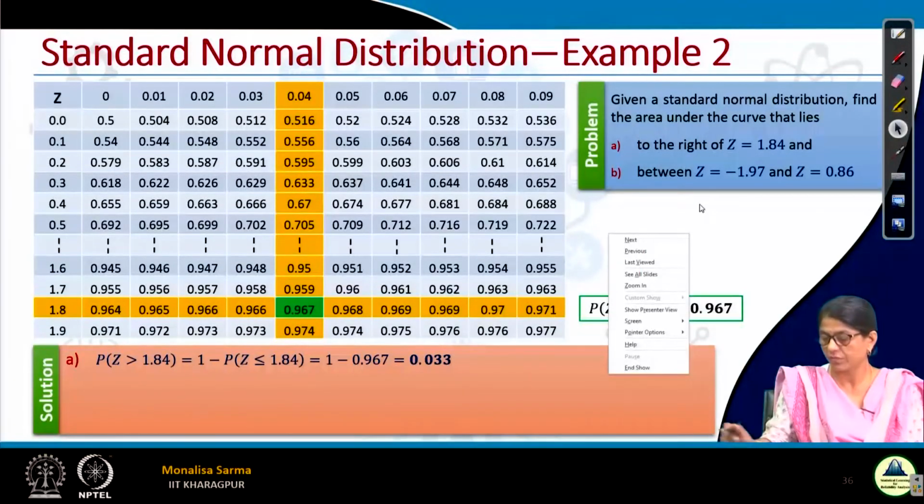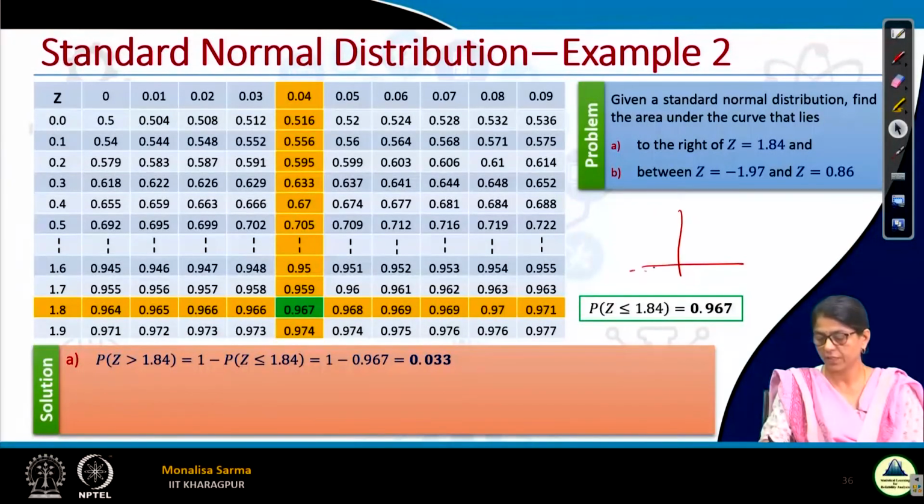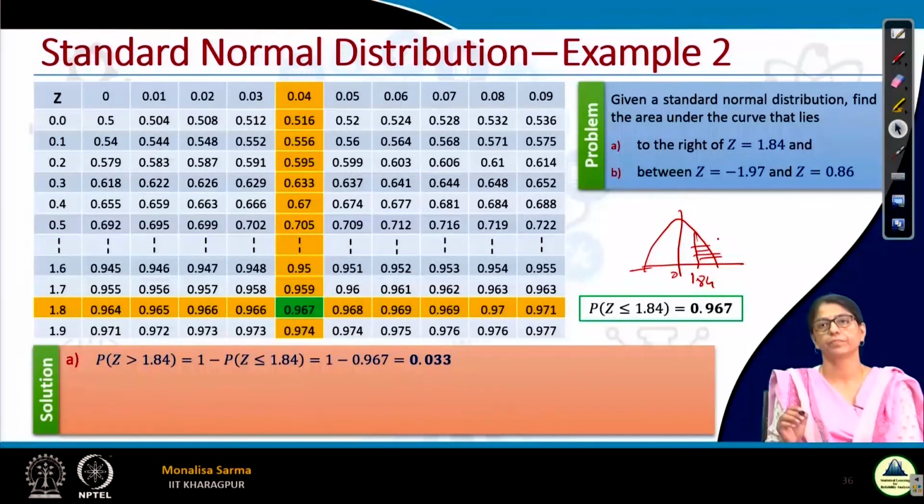Right of z equals 1.84 means if this is my curve and this is 0, my z value will be somewhere here at 1.84, which means I need to find this area. The table will give the area to the left of this.